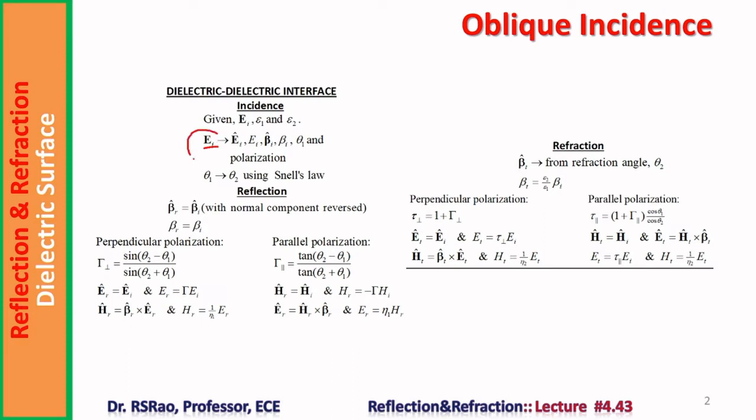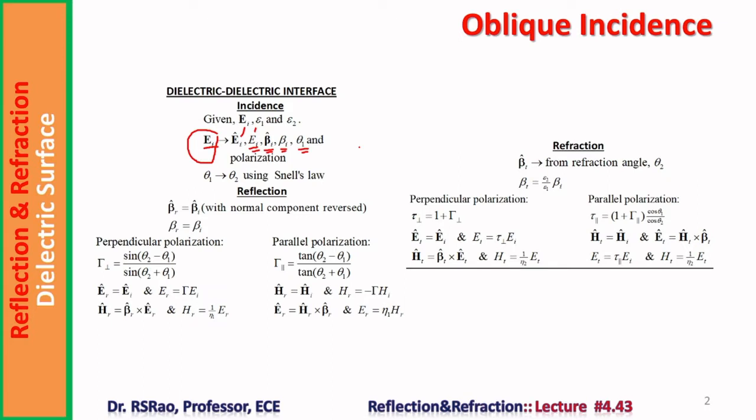From its expression, we can find the direction of the electric field, E_I cap, the amplitude of the electric field in the incident wave, E_I, the direction of propagation of the wave, beta_I cap, the magnitude of the propagation vector pertaining to the incident wave, and also theta 1, the angle of incidence.